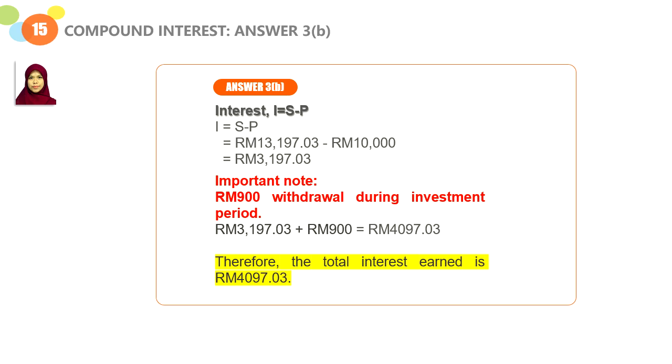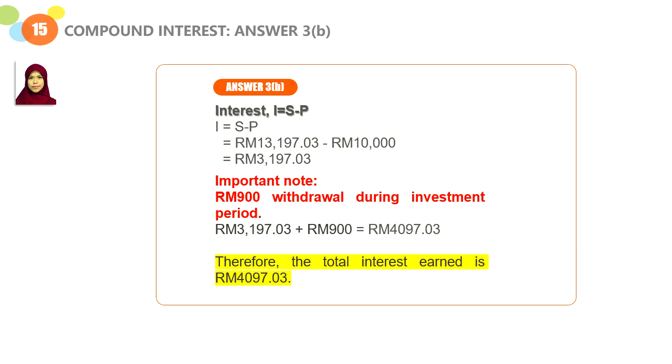Interest I equal to S minus P, which is RM13,197.03 minus RM10,000. The balance is RM3,197.03.